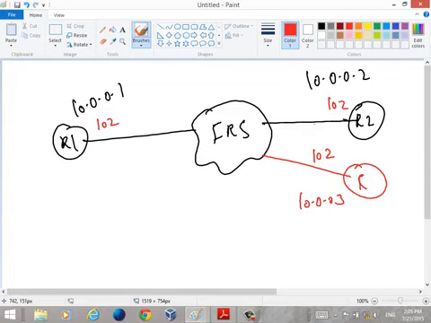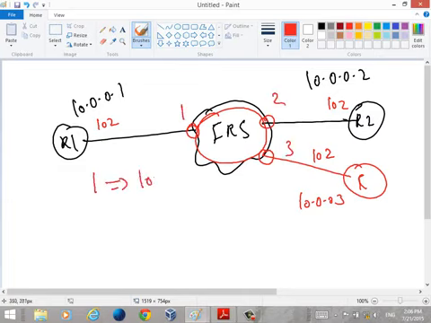I was saying the same thing from the start, that you cannot use the same DLCI for multiple interfaces. And I am still saying the same thing. What will be the issue? Just think like this is a router. How many interfaces does the router have? 1, 2, 3. For the first interface, which DLCI have you defined? For interface number 2? For interface number 3?